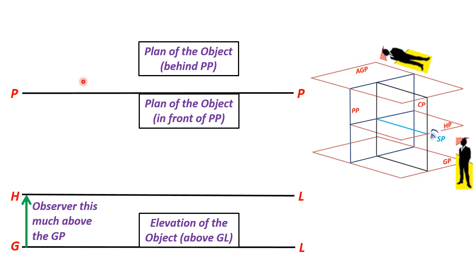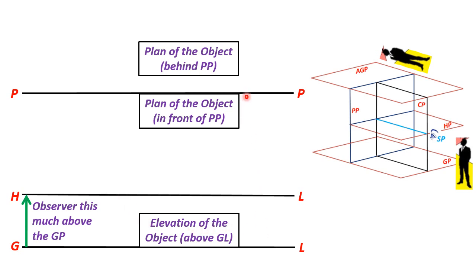We also need to locate the front view and top view of the station point, because here the observer is at a finite distance from the object. To locate it, we need three distances. The distance of the observer above the ground plane is this distance. It is the level of the horizon line.